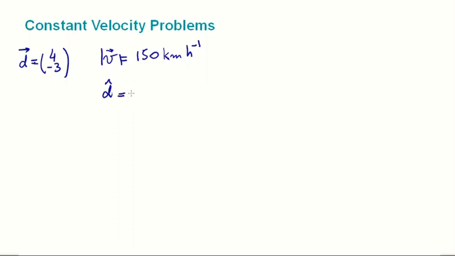For that we need to find the magnitude first. So what's the magnitude of this vector? It's going to be 5, right? 4 squared plus 3 squared. It's Pythagoras, so you can see that this is a Pythagorean triangle, so that's going to be 5. 4 squared is 16, 3 squared 9, 9 plus 16 is 25, root of 25 is 5.